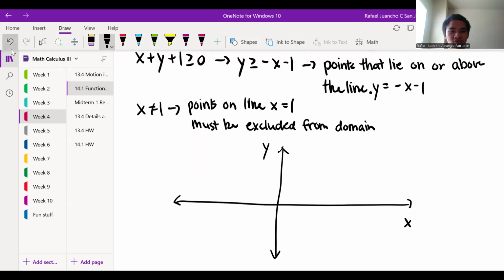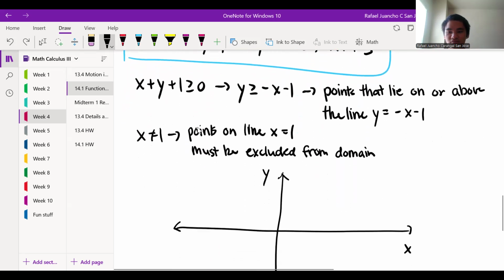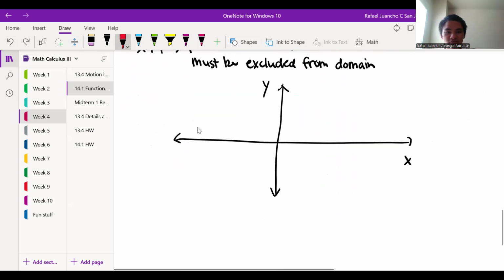So y equals negative x minus 1. So it's probably like what? It goes down here maybe. That's y equals negative x minus 1. And here we say this is negative 1, right? Because we moved it down. And then here we make my y 0.